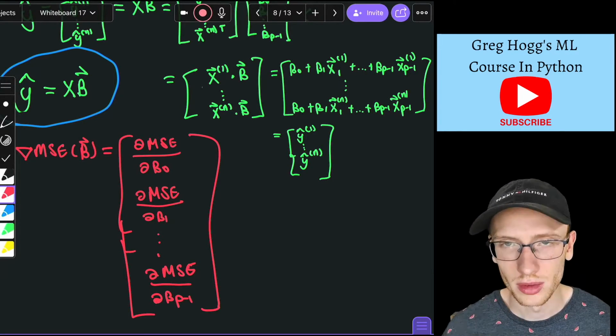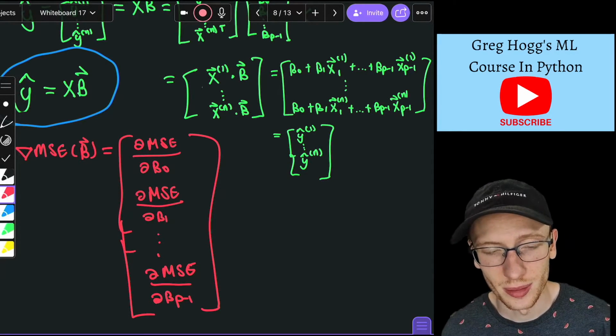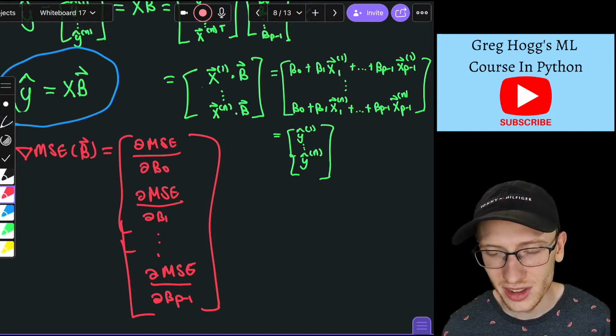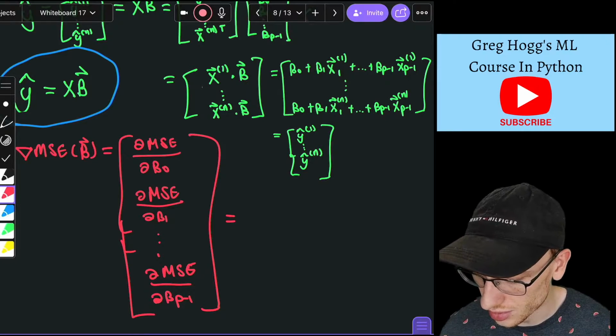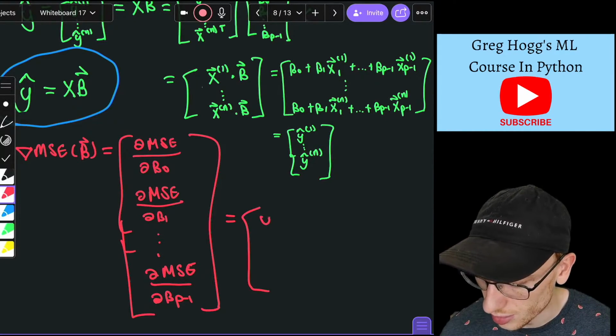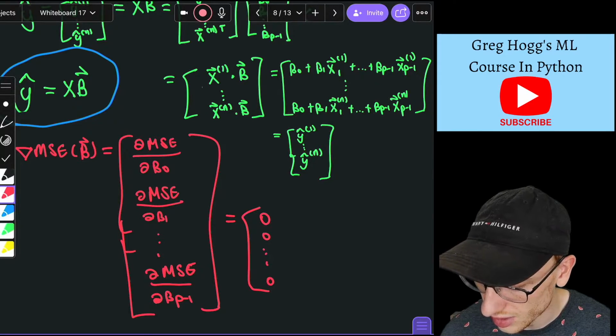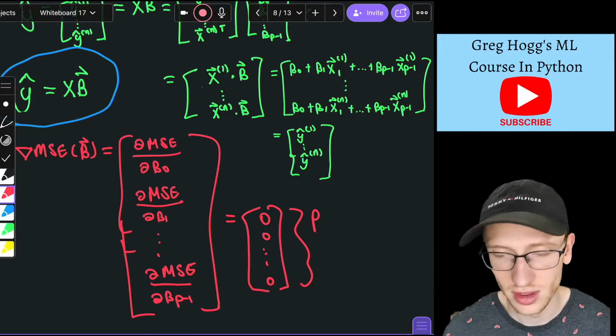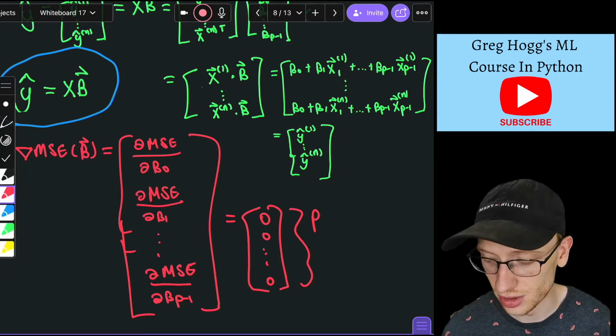So we get this vector, and from that we can set that vector equal to the vector of zeros. I know this is kind of weird, but if there are p things here, it would be 0, 0, and so on, all zeros where there are p of these things. So p dimensional still.